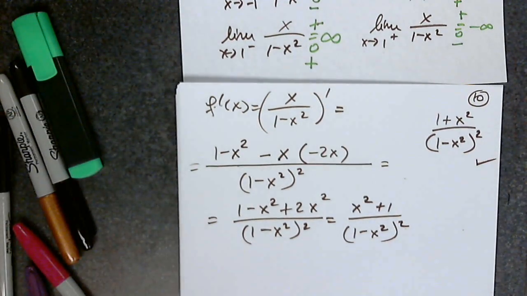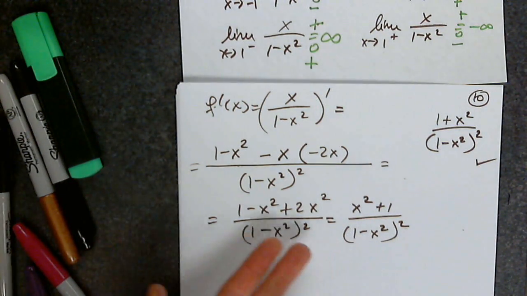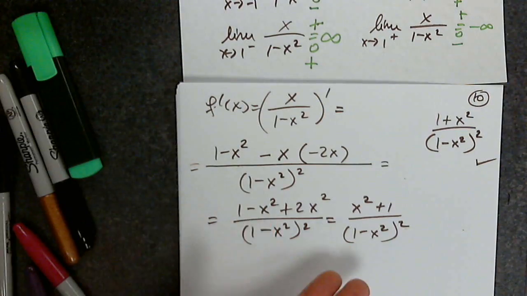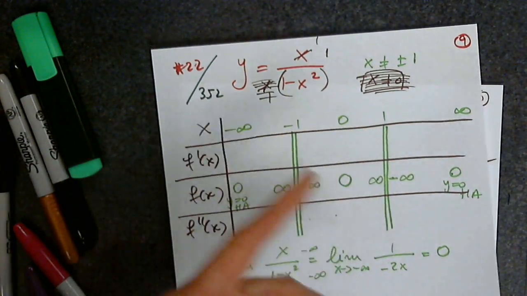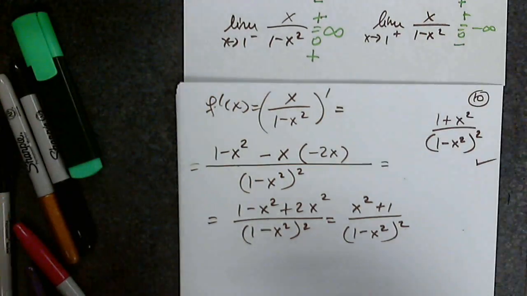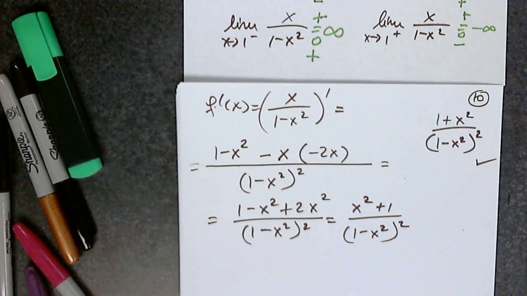Excellent. Let's look at this function and think whether this function can have vertical asymptotes, critical numbers coming from f prime being undefined, where the function is defined. So this is undefined where the function is undefined, at positive and negative 1. So no critical numbers coming from f prime being undefined.